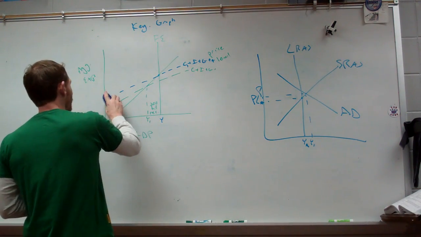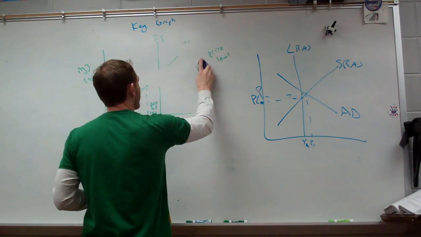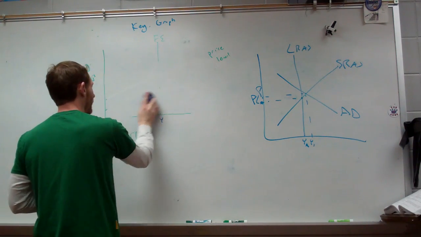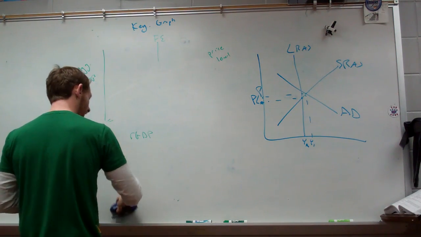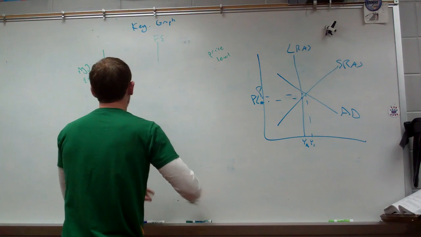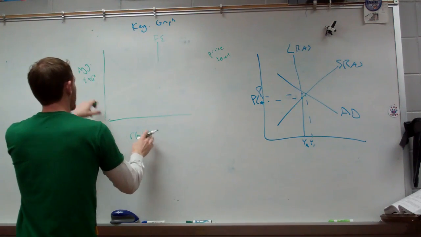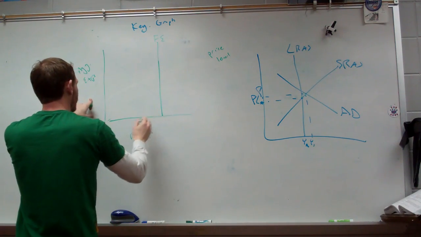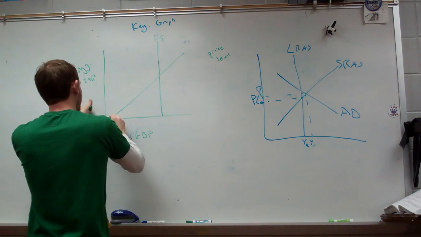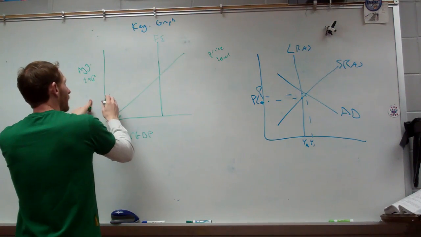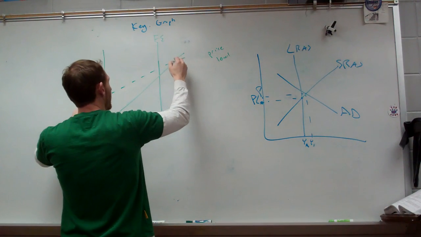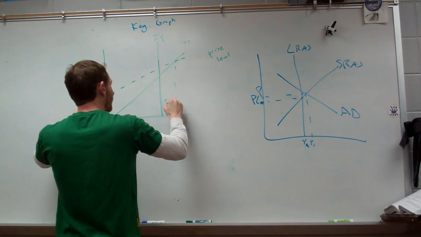So if it was on the Keynes graph, it would be a little bit different. If it was on the Keynes graph, it would be real GDP and aggregate expenditures, and let's say here's full employment, and let's say here's our 45-degree line, then we would be hitting this beyond it, right? So we would have an inflationary gap.